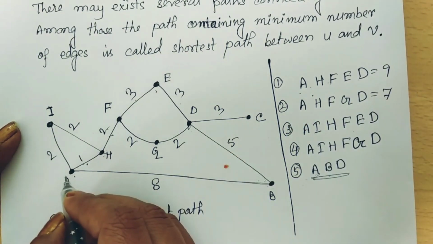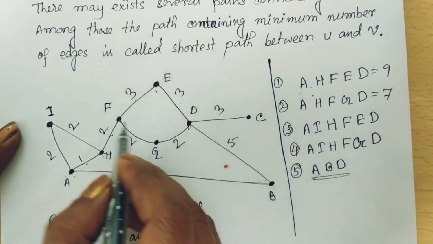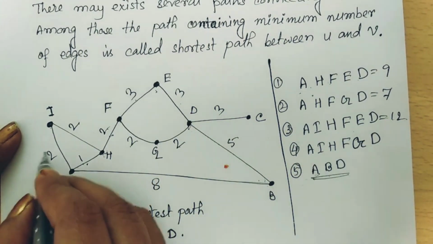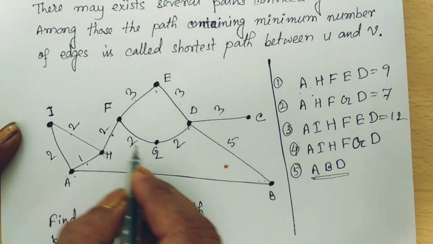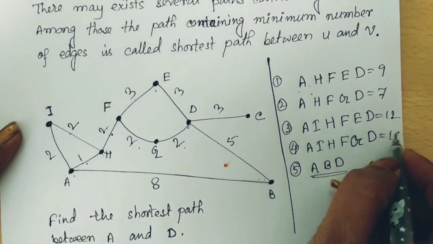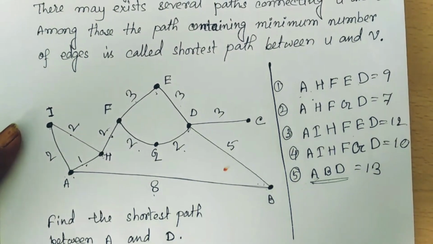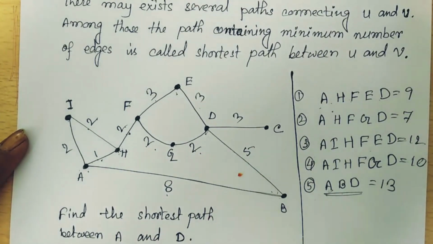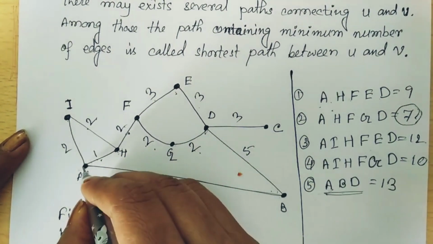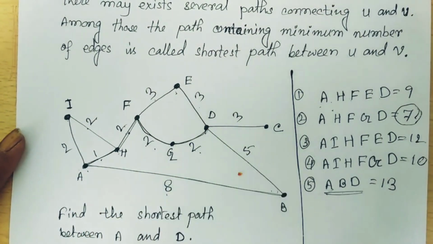Its weight is 2 to 4, 6, 9, then 12. Then its weight is 2 to 4 to 6 to 8 to 10, and its weight is 8 and 5, it is 13. So after calculating all these weights, we find that this is the minimum weight. Hence, the path this one, then this one and this one, this is the shortest path.